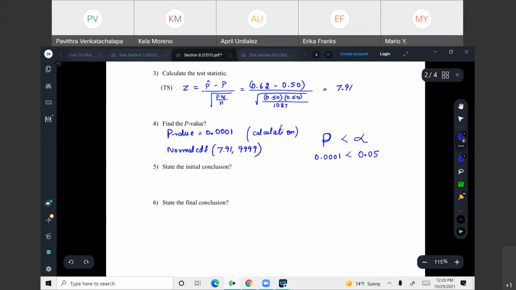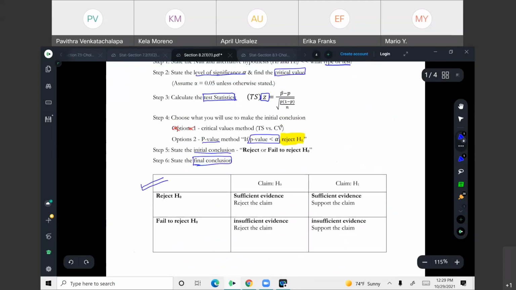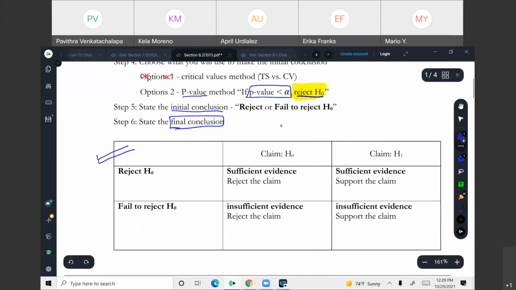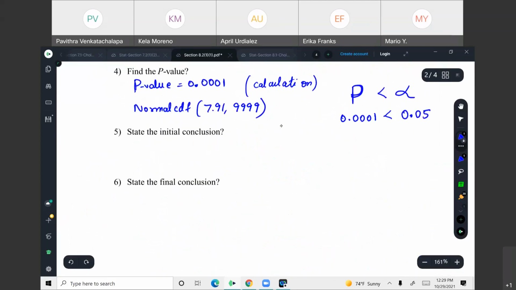Now, if p is less than alpha, what is the conclusion? If the p-value is less than alpha, you're going to reject H naught. Okay, that's your initial conclusion. That's it. Reject or fail to reject H naught. Now, I will write my initial conclusion here. That is reject H naught.